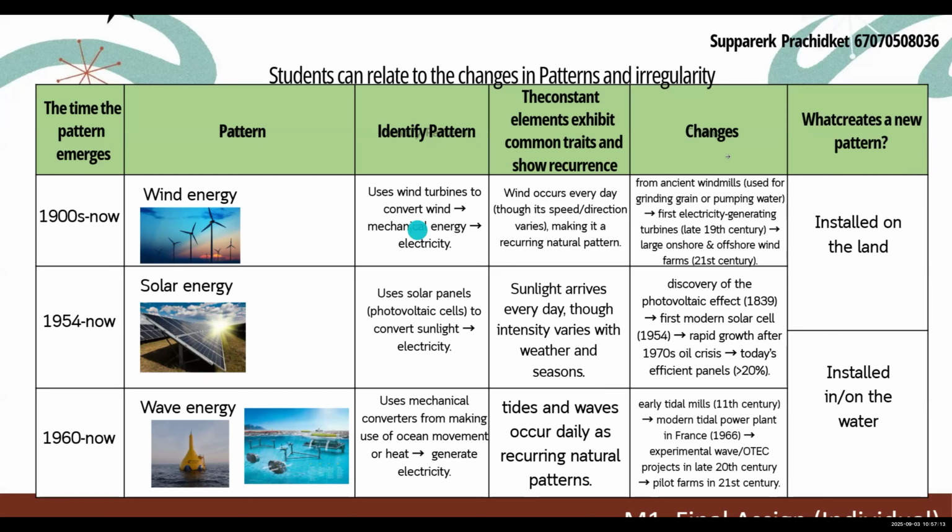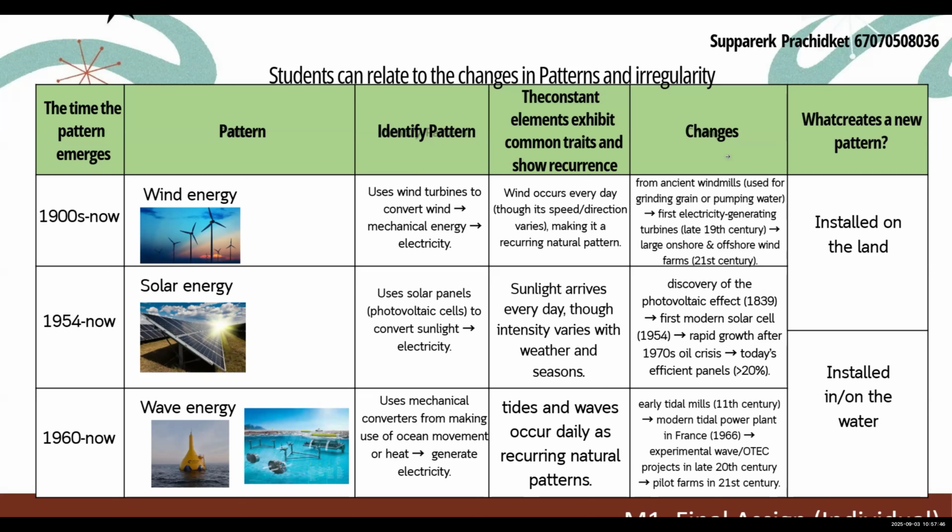The next one is solar energy. Solar energy uses the photovoltaic effect, which was discovered in 1839, and the first modern solar cell was made in 1954. After the oil crisis of 1970, solar cells grew.